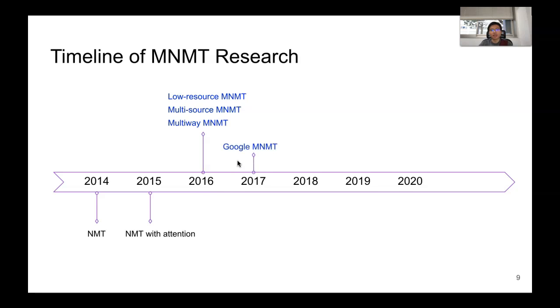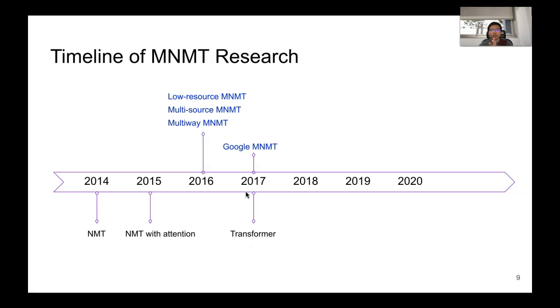And after that, Google released its MLMT system, which had a very big impact. And in the same year, Google also released the transformer model. Before that, the MLMT model was based on recurrent neural networks, right?